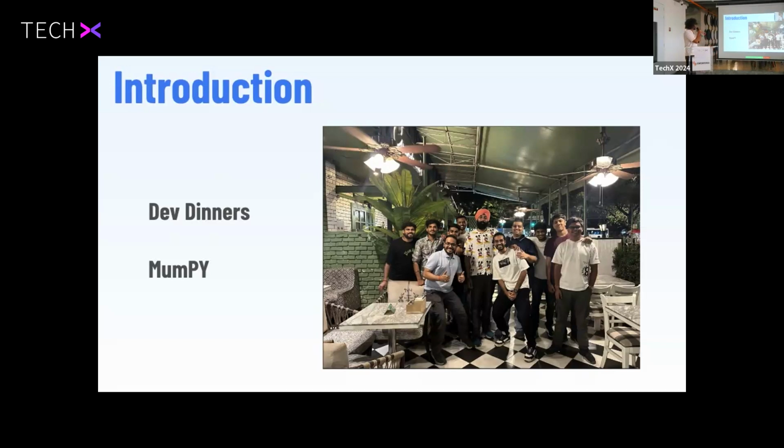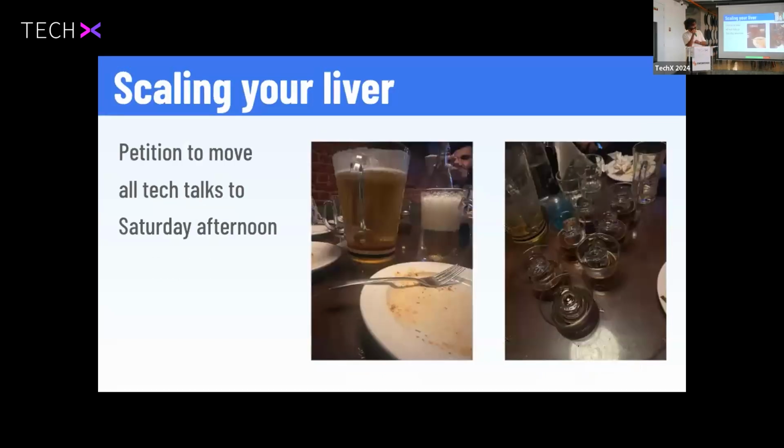And then I run a community with a friend of mine, which is Mumbai's Python user group, right? So how many of you live in Vasai Virar? Oh shit, that's like basically everybody, right? So I think this has now flipped. I don't live in Vasai Virar. I traveled for about 2 hours today to come here to give this talk. And I understand why you want to do this in Vasai Virar, right?